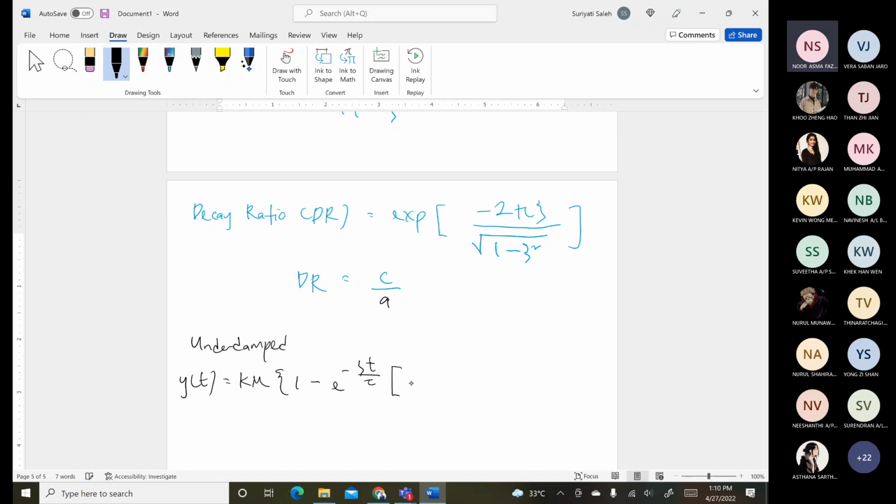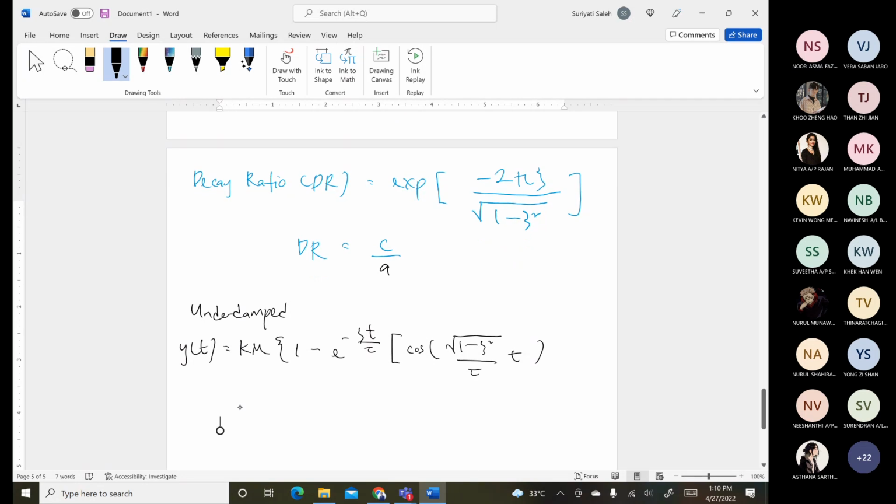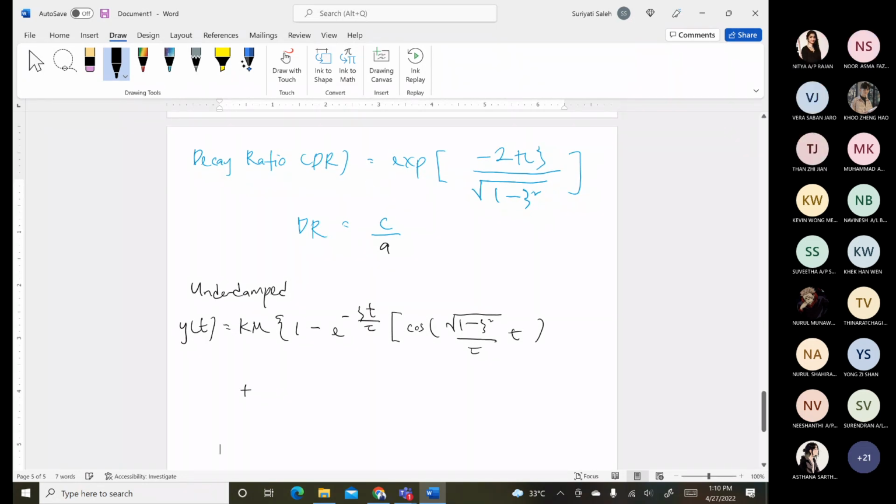And then you have the cos of square root of 1 minus psi square over tau t, plus the sin of square root of 1 minus psi square.